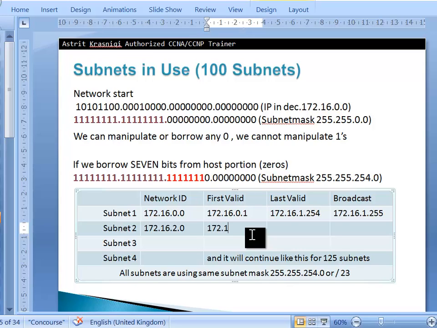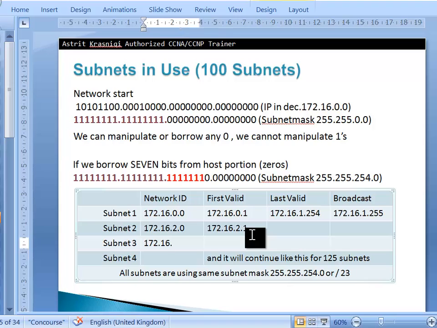Subnet 2's first valid address is the subnet 2 network ID plus 1. So 172.16.2.1. To find the last valid address and the broadcast, it's better if you find the next network ID. Subnet 3. So again, 172.16. That doesn't change. You remember, this bit here represents 2 and is located on the third octet.